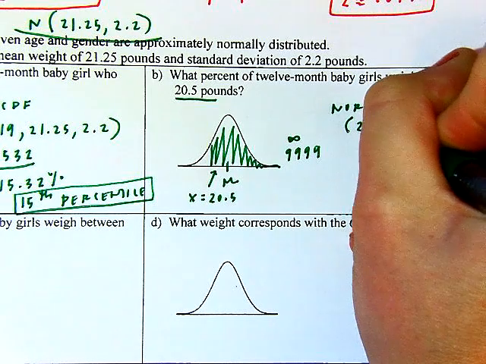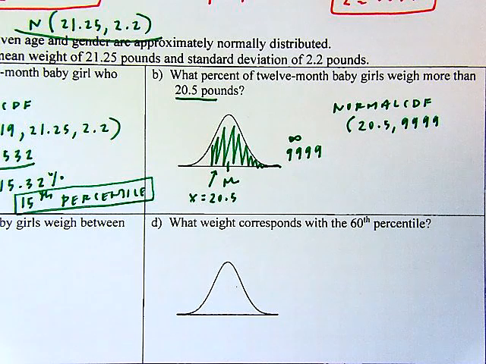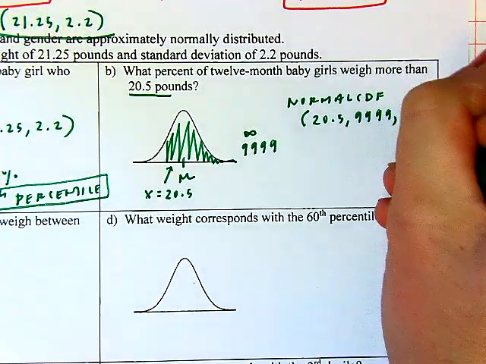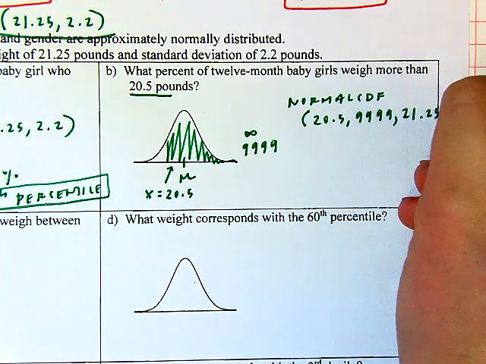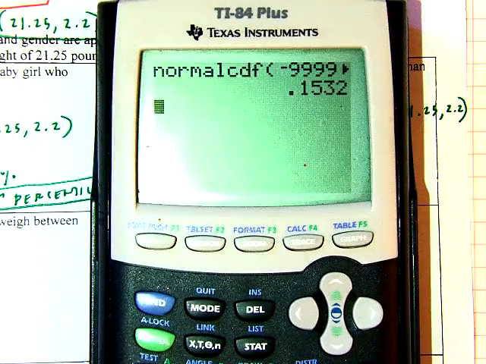Okay, from 20.5 to my placeholder for infinity, 9,999. My mean is 21.25. Standard deviation is 2.2. All right, plugging that in.